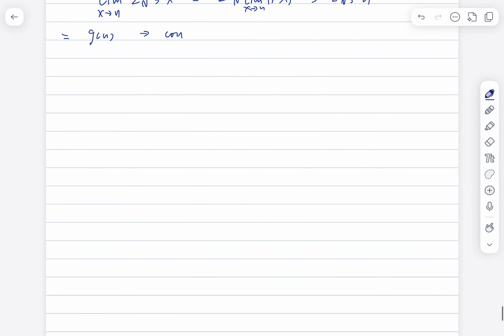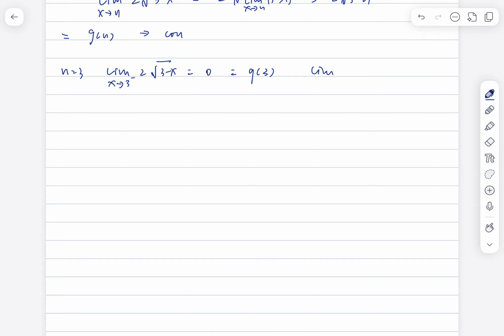Now we need to prove that when n is equal to 3, it's also continuous. We prove that a point is continuous by taking its left limit. When it approaches 3 from the left side, this approaches 0, which is equal to g(3).